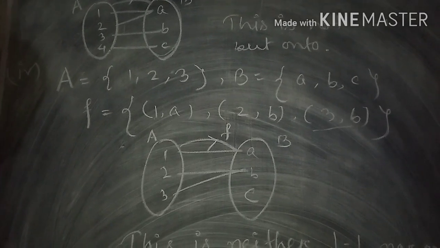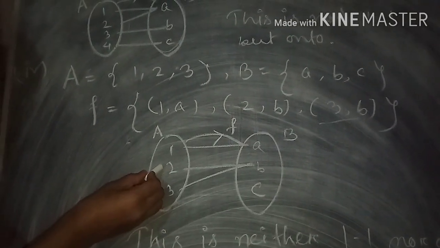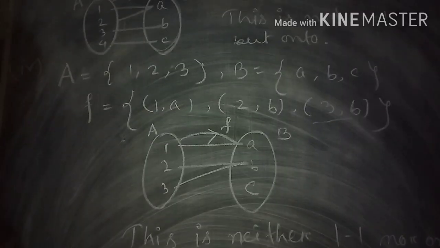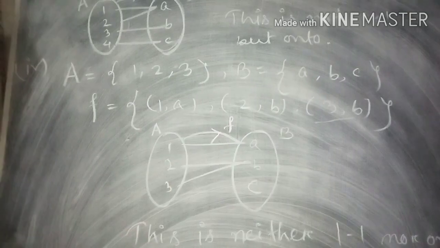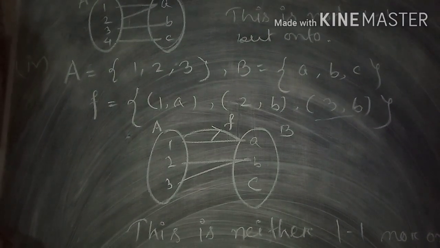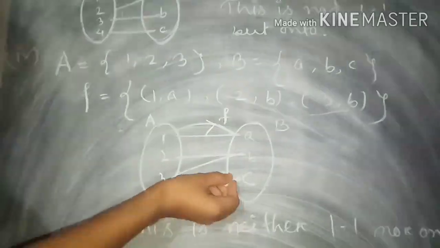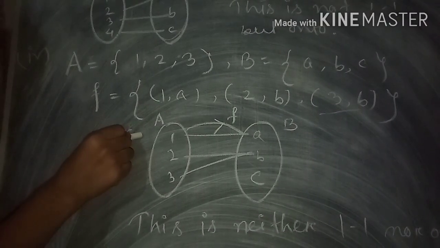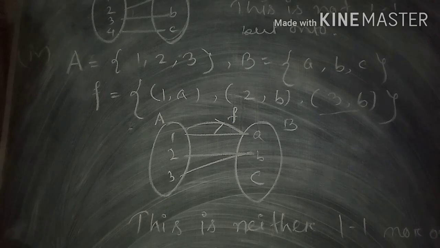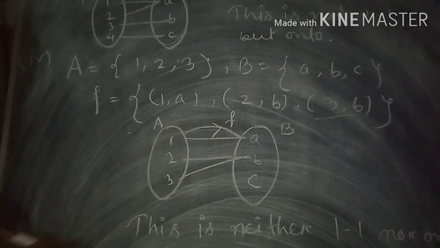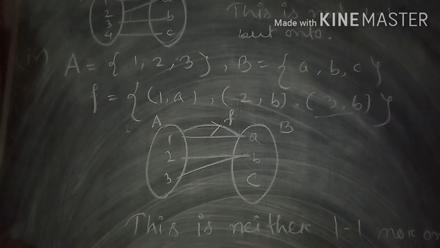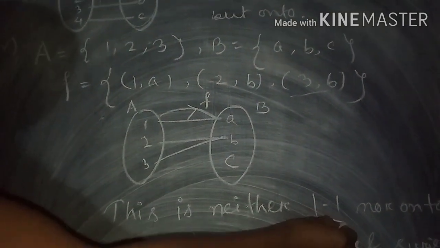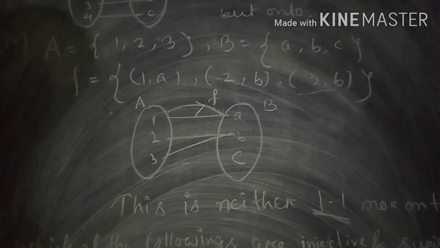Now, since the elements 2 and 3 in the set A have the same image in the set B, this function cannot be 1-1. And in the other case, the element C has no pre-image in the set A because C is unrelated. Therefore, this function f is neither 1-1 nor onto.